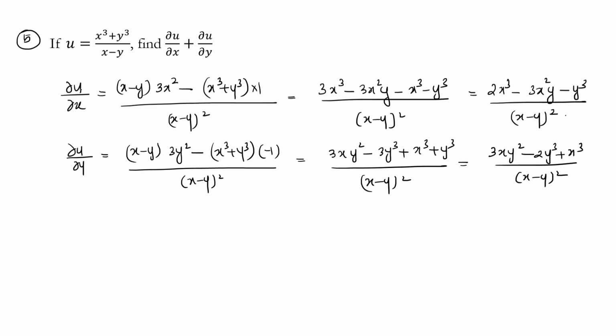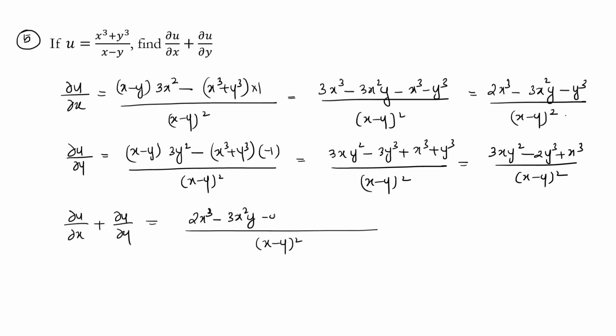Now we will add these two derivatives, dou u by dou x plus dou u by dou y. We can take the common denominator x minus y the whole square and add the numerators: 2x cube minus 3x square y minus y cube plus 3xy square minus 2y cube plus x cube.